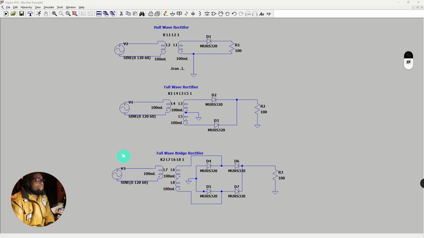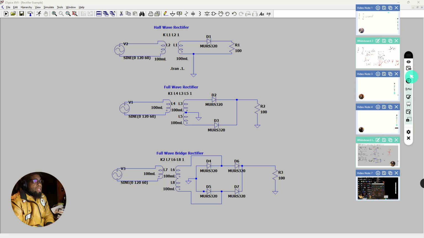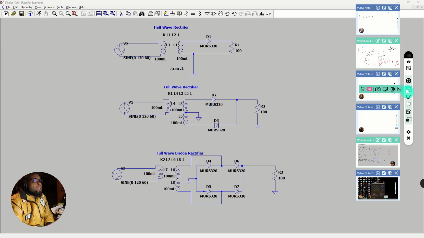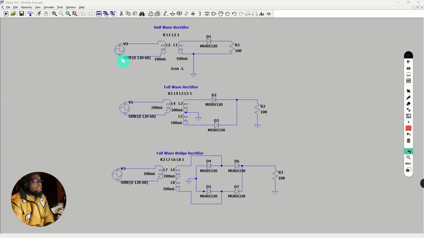So what you see here on the left-hand side are just signal generators. This is how, in LTspice, you would simulate an AC signal.